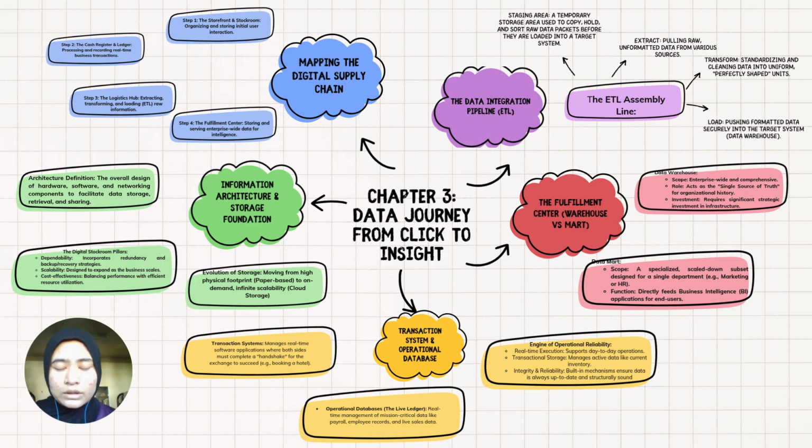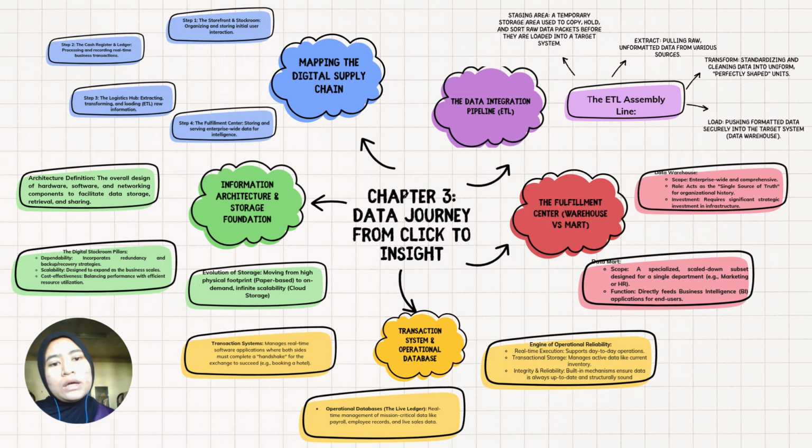Before the data hits the final warehouse, it enters the staging area, which is a temporary dock where the raw data that was packed is copied and sorted. From there, it moves through the ETL assembly line.